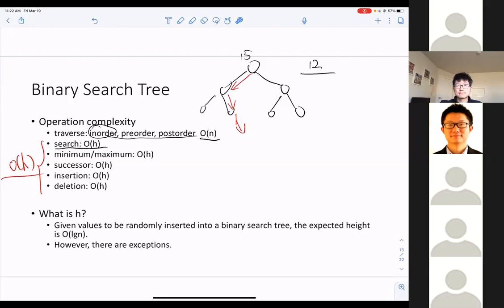The more nodes in the tree, the greater the height. In general, yes, more nodes meaning higher height. Yes, that's true. But do you still remember the mathematical formula I gave to you?